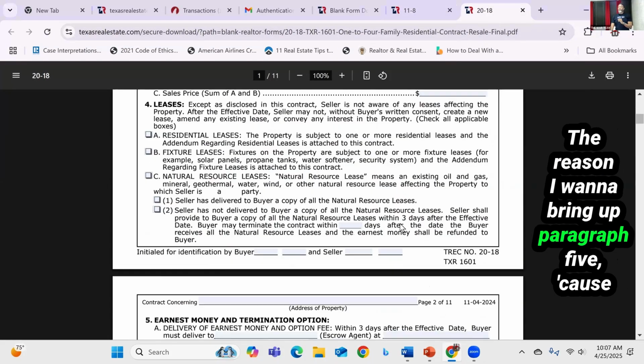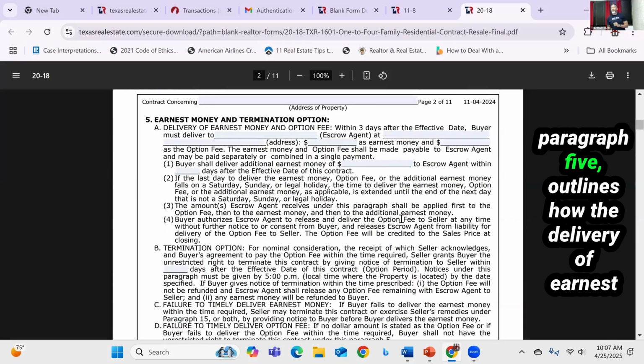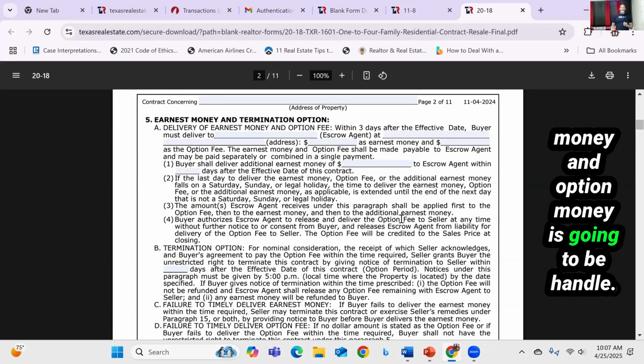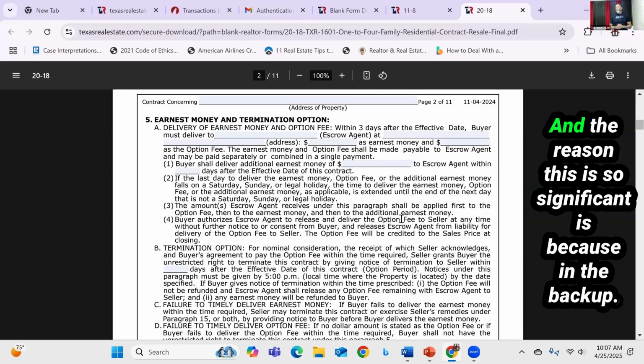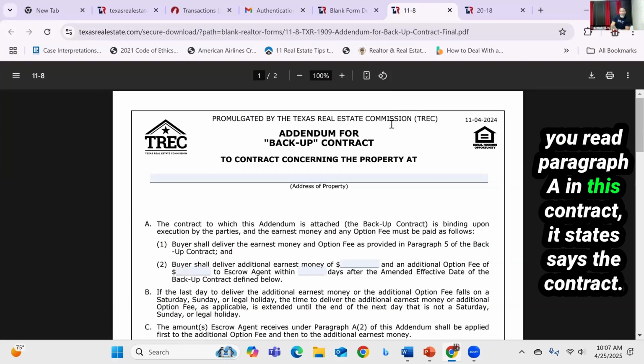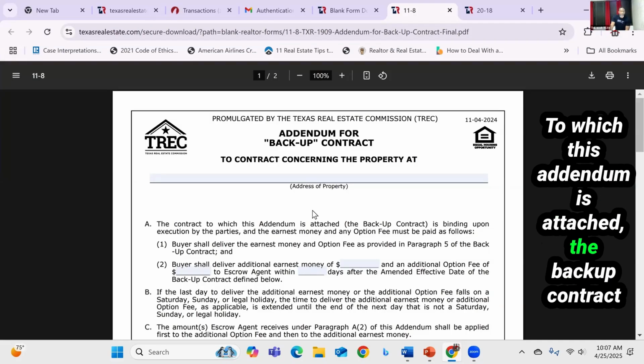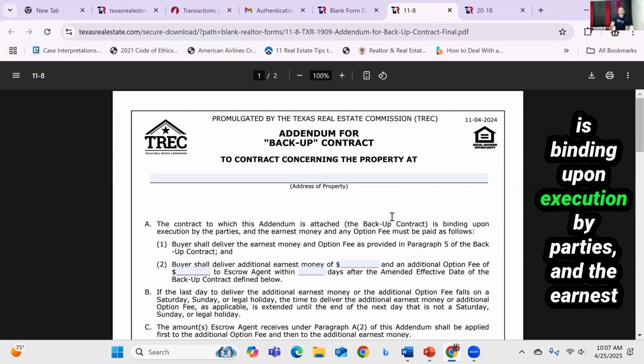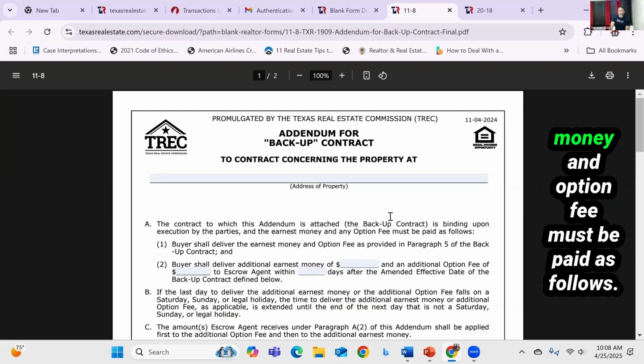The reason I want to bring up paragraph 5 is because paragraph 5 outlines how the delivery of earnest money and option money is going to be handled. And the reason this is so significant is because in the addendum for backup contract, the first thing we got to do is, if you read paragraph A in this contract, it says the contract to which this addendum is attached, the backup contract, is binding upon execution by parties, and the earnest money and option fee must be paid as follows.